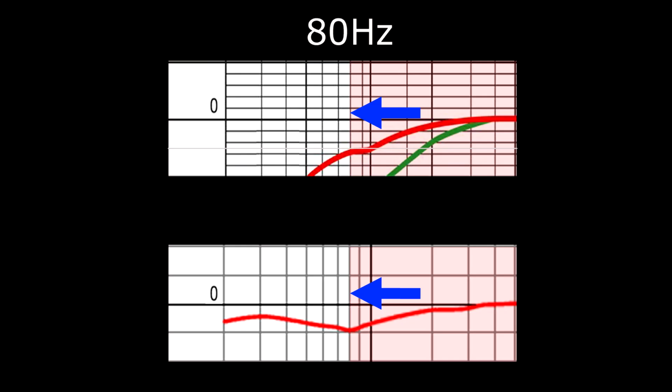It is the area left of the 80 Hz mark, or the frequencies lower than 80 Hz, where we see the biggest difference. With the Perception 120, as the frequencies get lower than 80 Hz, their amplitude or signal continues to decline. At about 50 Hz, the signal drops off of the chart.